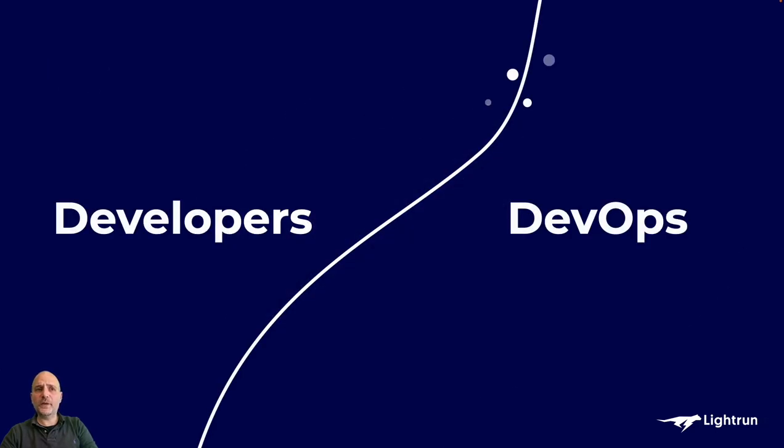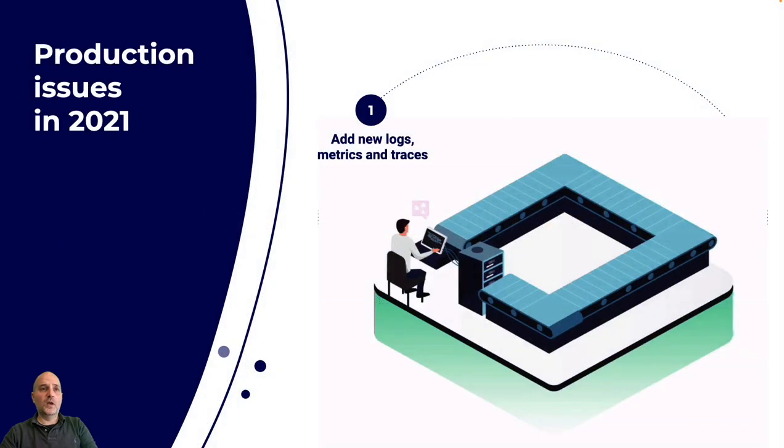We need a better solution than this hard separation because the ops guys don't necessarily know how to solve problems made by the developers. They know how to solve ops problems. When we find a production problem in a container, we end up stuck in this loop of add a new log, go through CI/CD, which includes the QA cycle and everything.